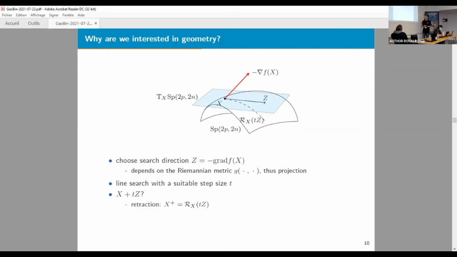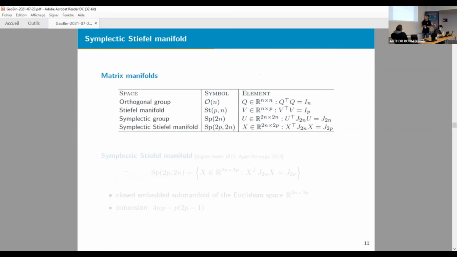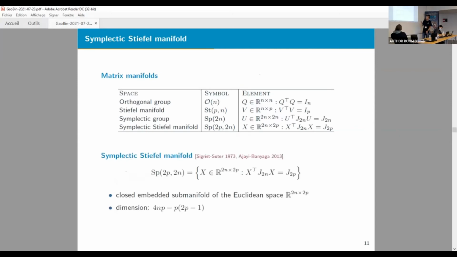First, let's look at this manifold. Actually, this manifold is very similar to the classic Stiefel manifold, the set of orthogonal matrices. This manifold has been studied before, but they used a very different and abstract way. Here we use this matrix formulation, and it is very simple.